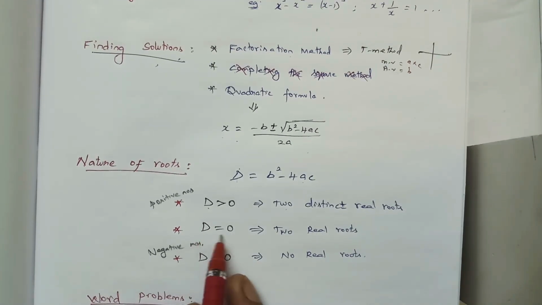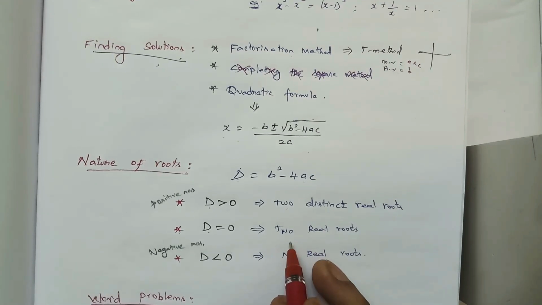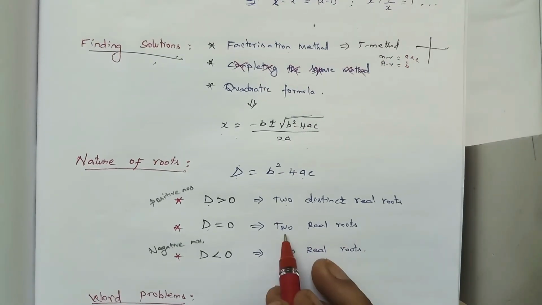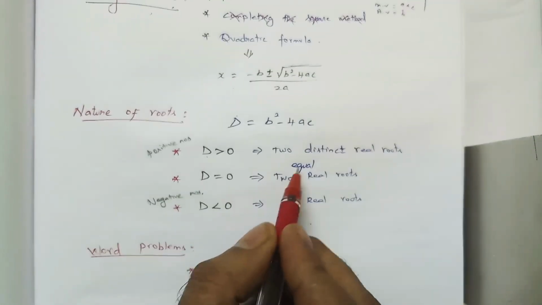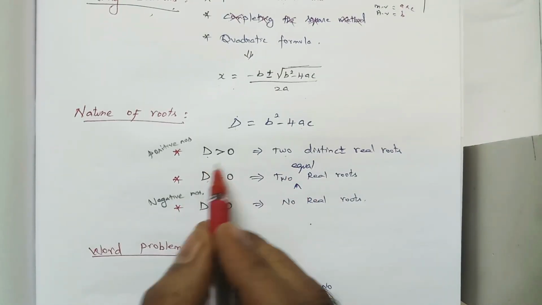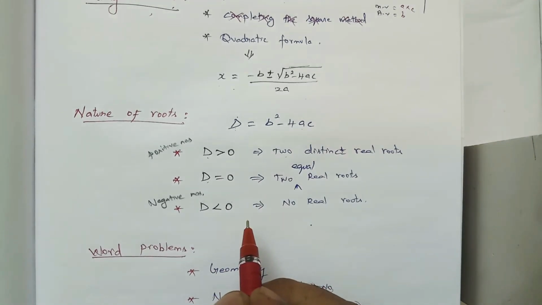If d is equal to 0, that's neither a negative integer nor a positive integer. Only if you get 0, then it will be equal roots, 2 equal real roots. Both the roots are the same. Suppose you get one root as 2, the next root is also 2, 2 comma 2. 3 means 3 comma 3.